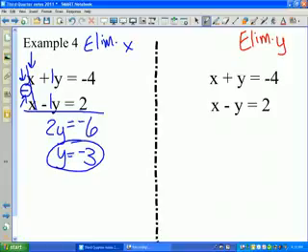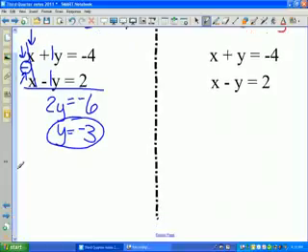So we're going to take that negative 3 and we're going to substitute it in for one of our equations. I'll use the first one. It doesn't matter. You're going to get the same answer, so don't freak out. So now I have a negative 3. I have a plus negative.